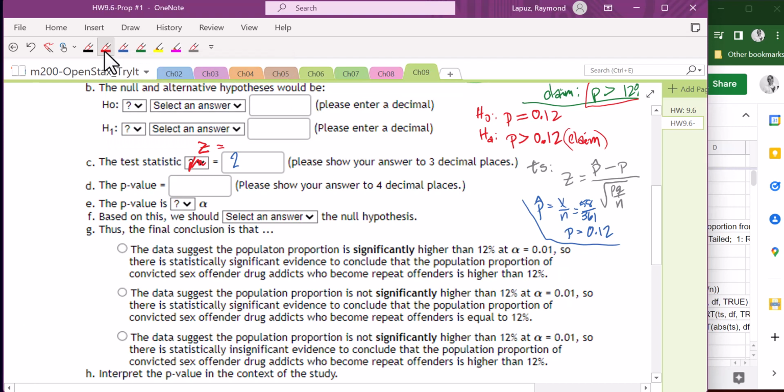It's 2.378. So whenever we get values that are bigger than 2 for our test statistic, then we're looking at these things to be kind of far away from the middle. And your p-value will show that.